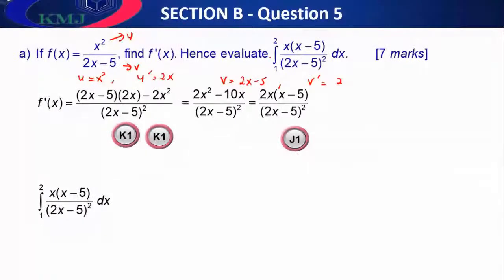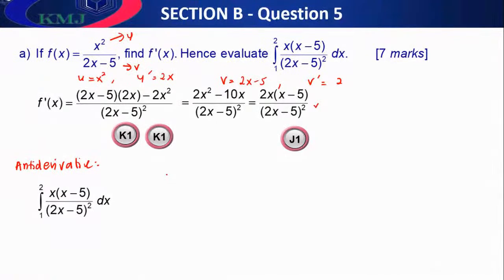Now we want to find the definite integral of x minus 5 over 2x minus 5 squared dx. The interesting thing here is that x minus 5 over 2x minus 5 squared, you already got here. So now we can apply the concept of antiderivative. Integration is antiderivative.